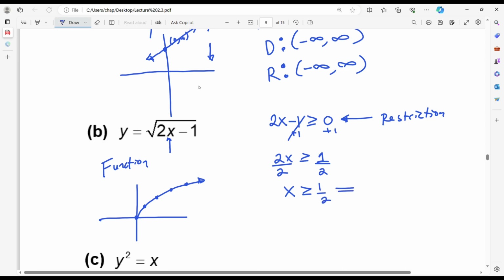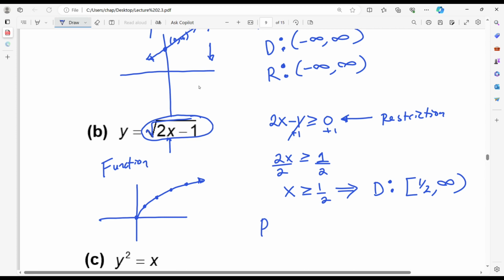This implies that my domain has to be 1/2 or greater, and therefore my domain is a square bracket 1/2, comma, infinity. For the range, well, the range is all the possible y values, and the square root of any number has to be greater than or equal to 0.